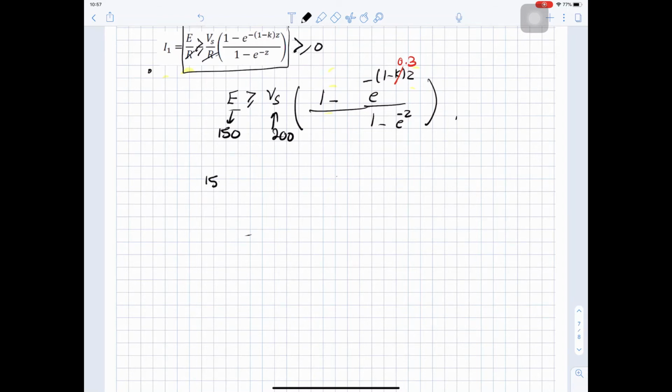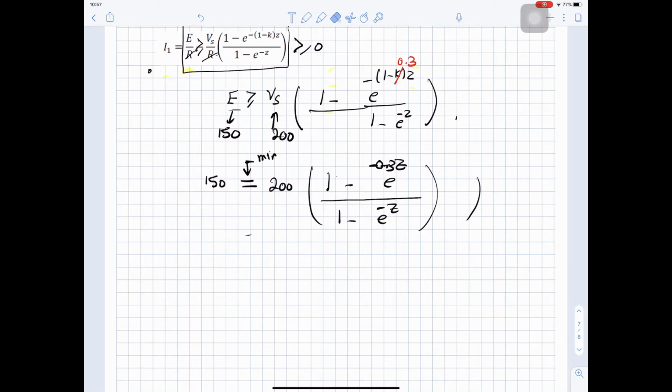So 150 equal means this is the minimum value. So equal to Vs, 200, multiplied by 1 minus e to the power negative Z divided by 0.3 Z divided by 1 minus e to the power negative Z. And you can solve this equation using the solve function on your calculator.